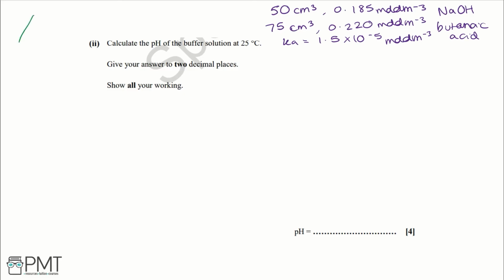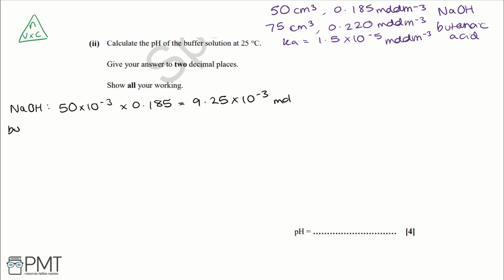And we're going to use the equation of moles equals volume times concentration. So for sodium hydroxide, that's going to be 50 times 10 to the negative 3 times 0.185, and that equals 9.25 times 10 to the negative 3 moles.